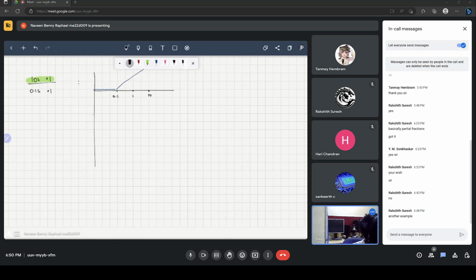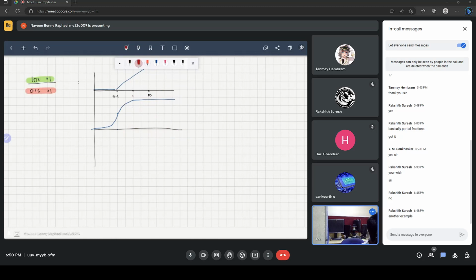And if you look at the other plot, the plot of 0.1s plus 1, we can analyze it in the same way.